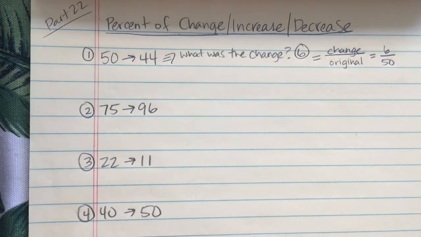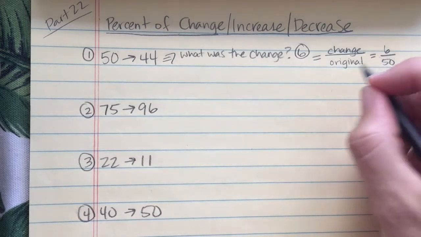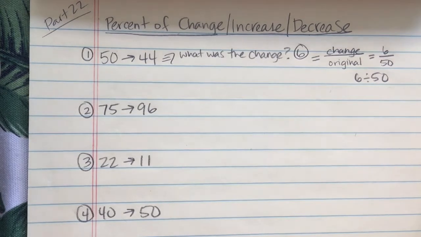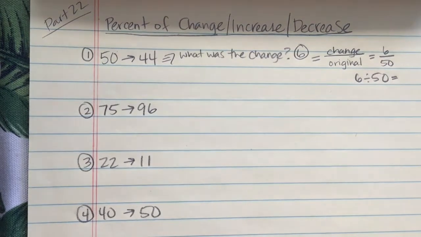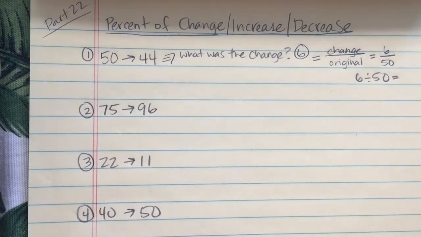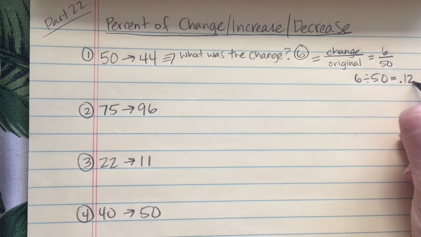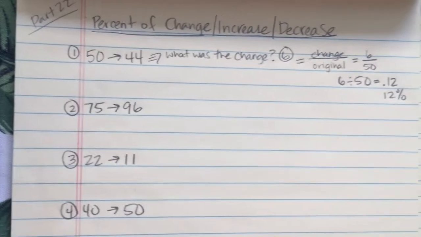All you have to do is change this fraction into a percent by doing 6 divided by 50, which I know you know how to do division at this point, so I'm just going to give you the answer, which works out to 0.12, which is 12%.